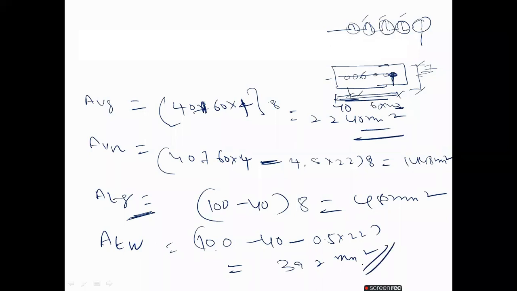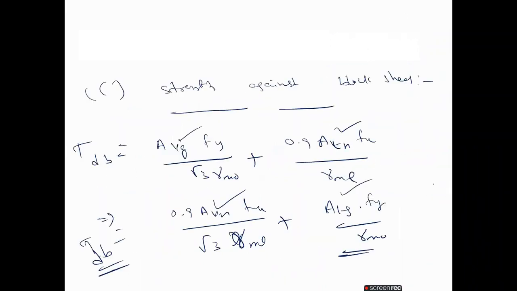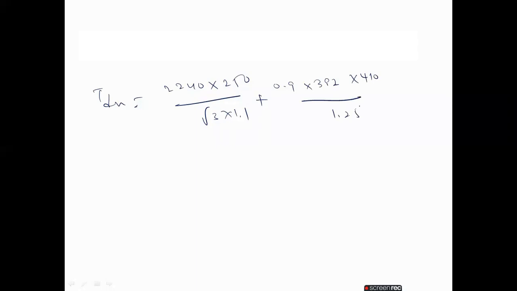Now substitute the Avn, Avg, Atg, Atn values in the above two equations. Tdb equals 2240 into 250 by root 3 into 1.1 plus 0.9 into 392 multiplied by 410 by 1.25. You will get 409,642 newtons.